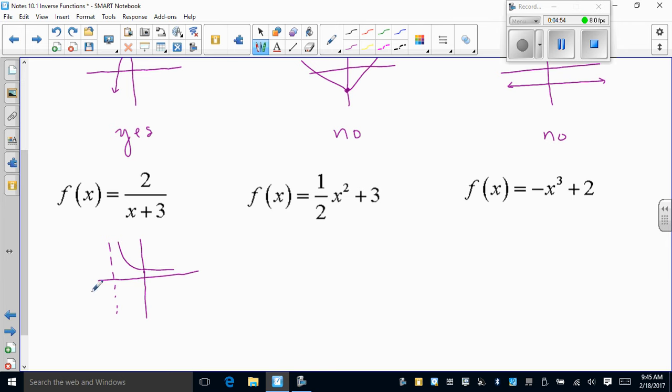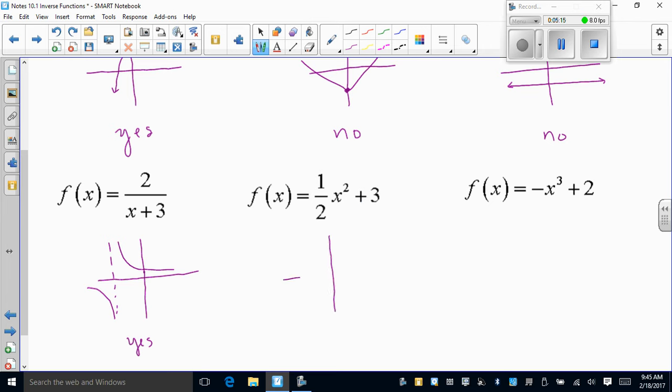If you graph it on the calculator, it'll look like it's almost a straight line, but it is not. It's just very, very slowly getting very, very close to the x-axis. Okay, this one here is a parabola that was raised 3.